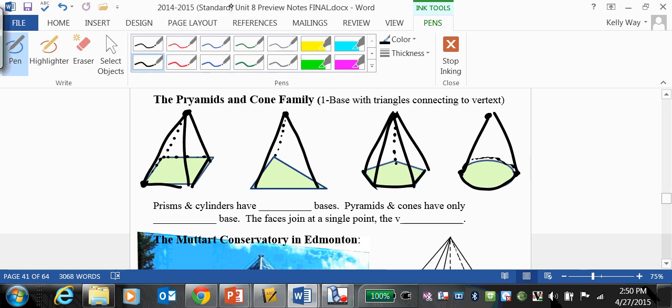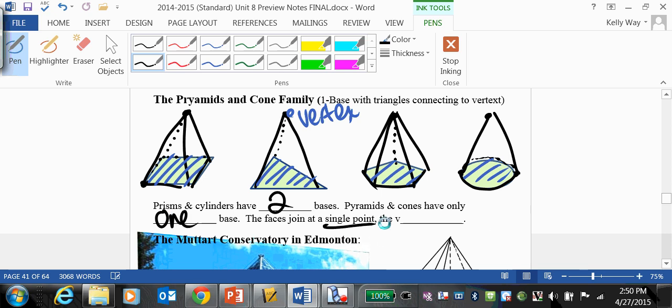Now, what makes a pyramid and a cone different from a prism is that they only have one base and a vertex instead of two bases. A prism and a cylinder have two bases. Pyramids and cones only have one base, joined at a single point called a vertex.